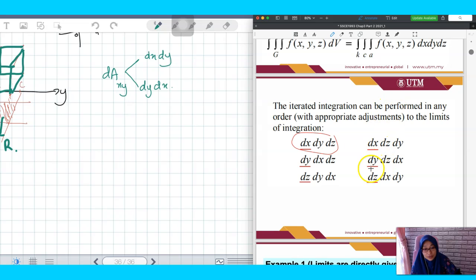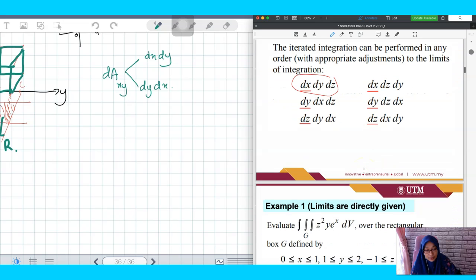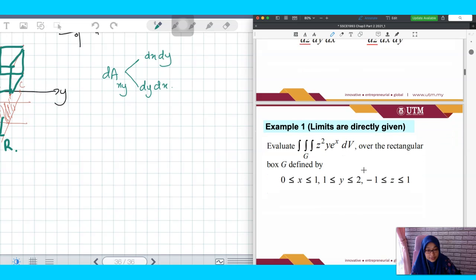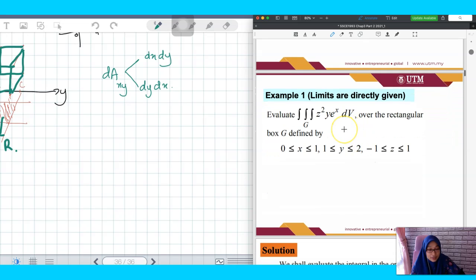I will explain to you later how we can decide. But firstly, just for a quick introduction, a quick start on the triple integral, we just evaluate the integration of this triple integral over the rectangular box or cuboid, where you can see that all the limits are constant.